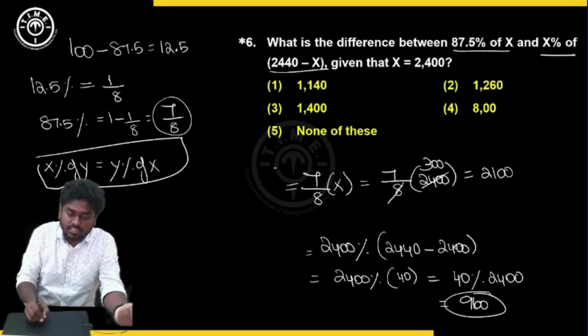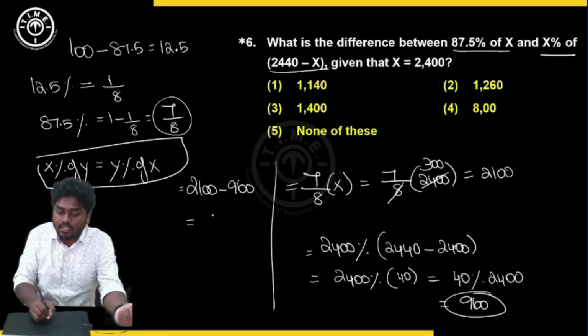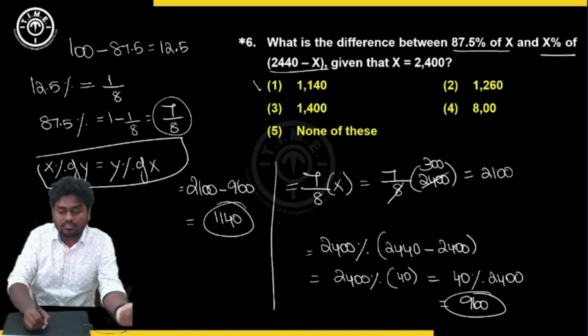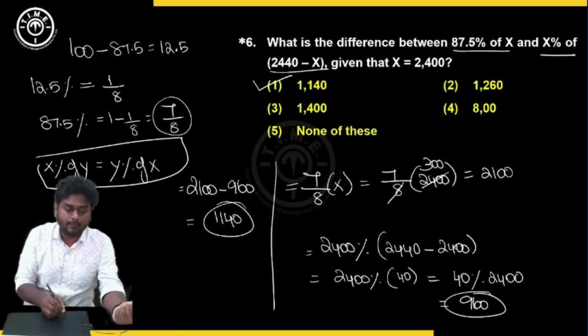What is our question? We have to find the difference now. That is 2100 minus 960. The difference is 1140. So the answer for the given question is option 1, 1140. Okay, quickly, let's go to the next question.